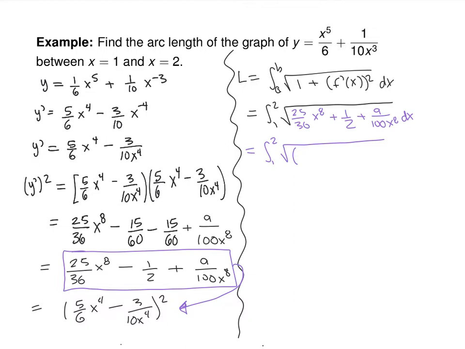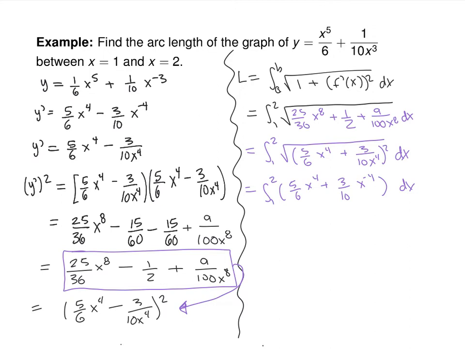So it'll be 5 over 6 x to the 4th plus 3 over 10 x to the 4th, the quantity squared dx, which then ends up being square rootable. So this is the integral from 1 to 2, 5/6 x to the 4th plus 3 over 10 x to the negative 4. And even though these problems work out, they're still a little bit gross.